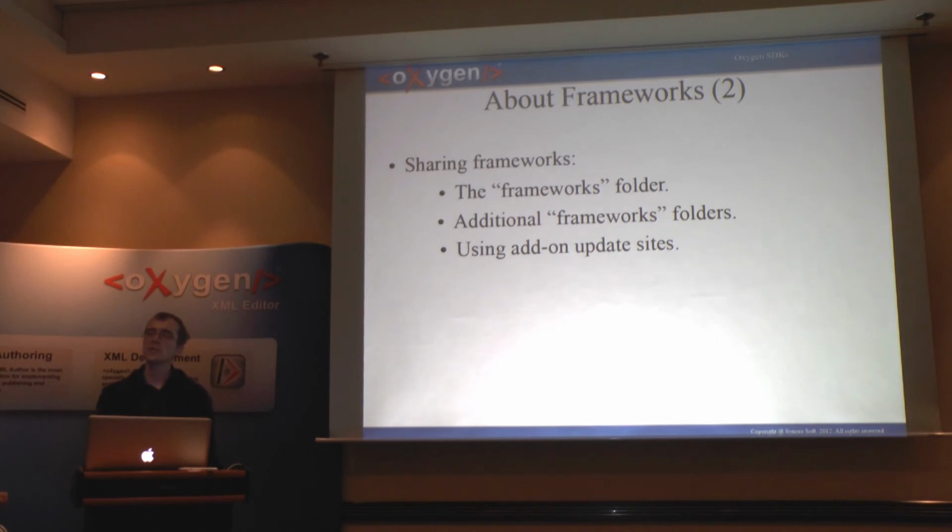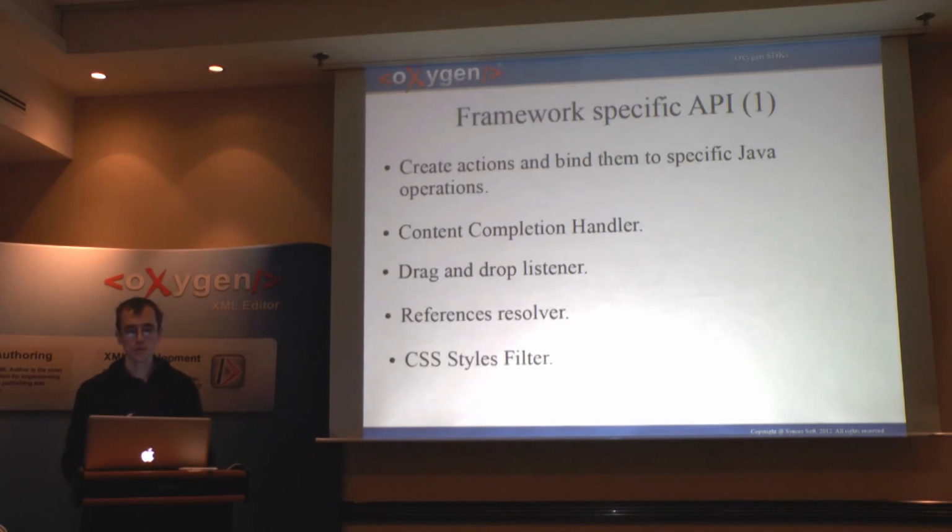Maybe the version of your framework has changed, and Oxygen needs to update the framework to reflect those changes. So currently, if I want to use HTTP, the update site is the best option, right? Mm-hmm. You have to zip the framework folder in a jar. We have a video demonstration for this.